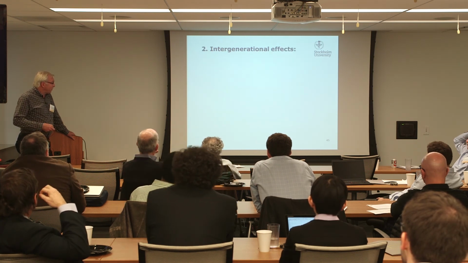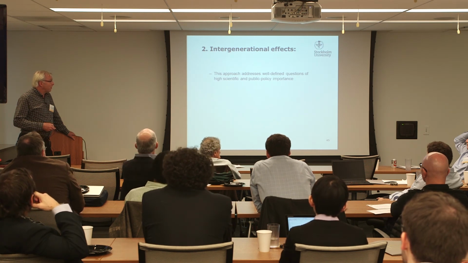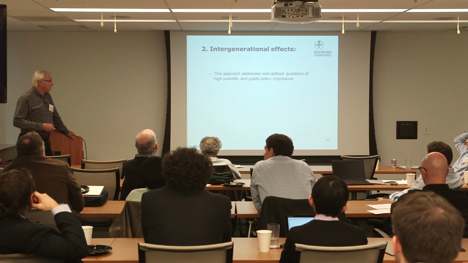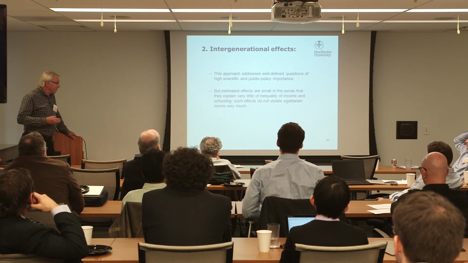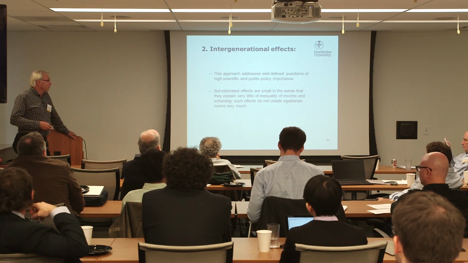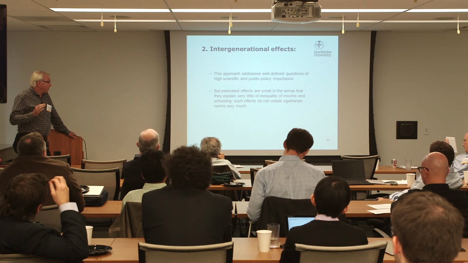And here the result is that the associations are not that strong, and I think this approach addresses very well-defined questions of high scientific and public policy importance, but the estimated effects are very small in the sense that they explain very little of inequality, and such effects do not violate egalitarian norms very much.